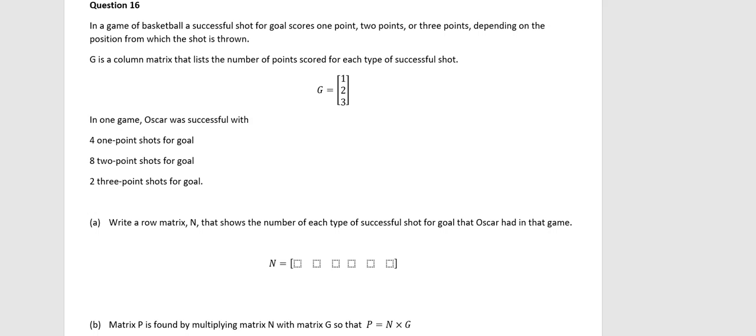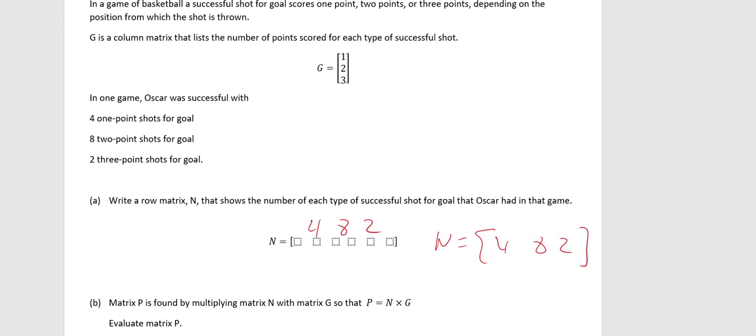In one game, Oscar was successful with 4 shots for 1 point, 8 shots for 2 points, and 2 shots for 3 points. So it's just 4, 8, and 2. So your N would be 4, 8, and 2, like this.